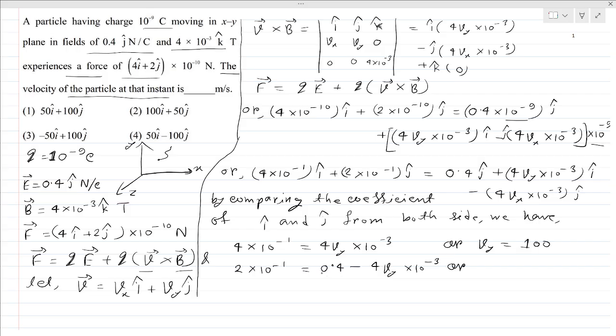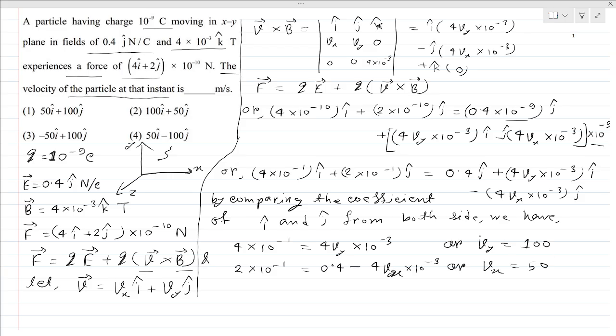So 0.4 goes to LHS, minus 0.2, minus minus is plus. So the 2 cancels out. Then if I put 10 to the power minus 3 on LHS, it will be 10 to the power 2, means 100, then 100 by 2. So Vx equals 50.